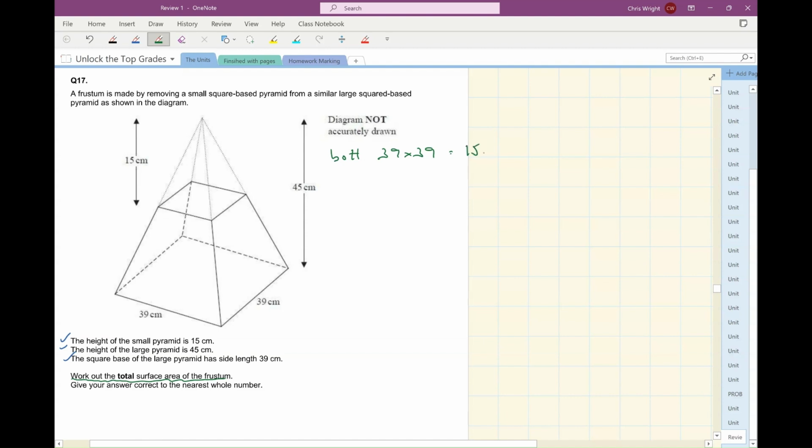1521. Now, let's think about the top. Here's the top. It's this square, isn't it? Now, I'm thinking that the height of the small pyramid is 1/3 of the height of the large pyramid.